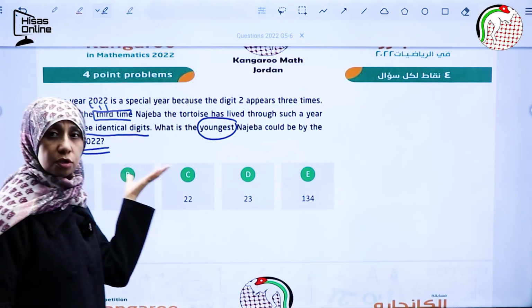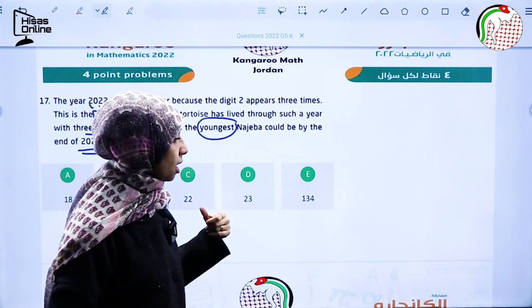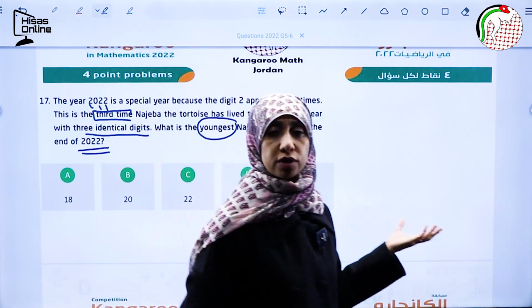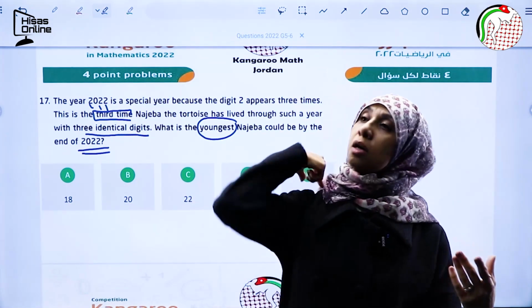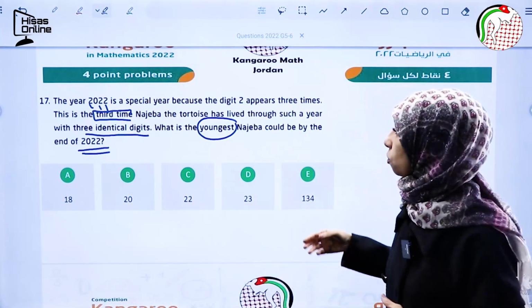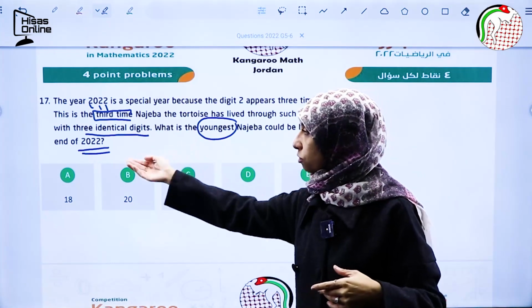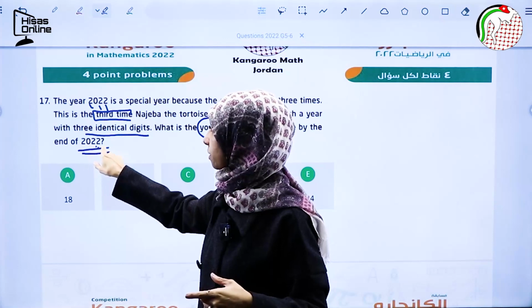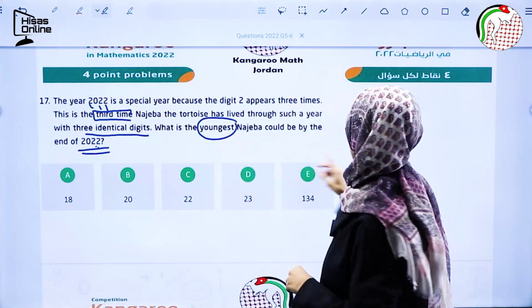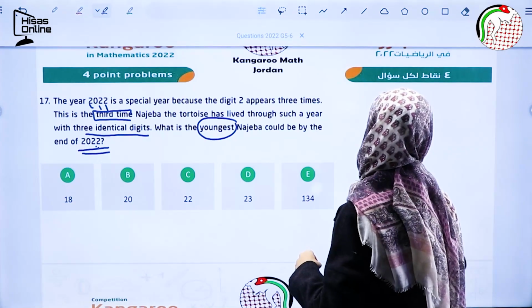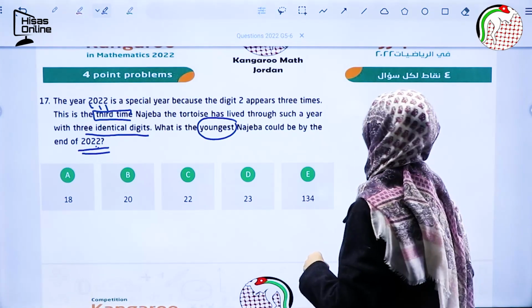Now, we need to look and see what are the years that Najiba passed during her life in order to see 3 identical digits in the year. The first one was 2022.